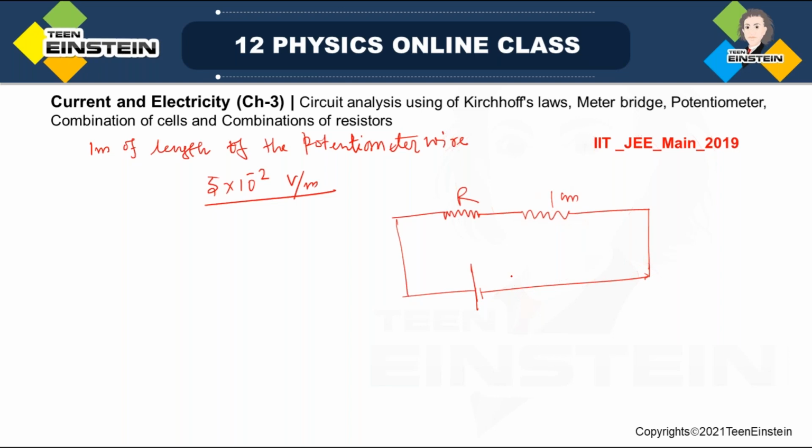Now if I know the potential drop is 5 into 10 to the power minus 2 volt per meter for this wire, which is connected in series with this, then you know the potential drop across R.